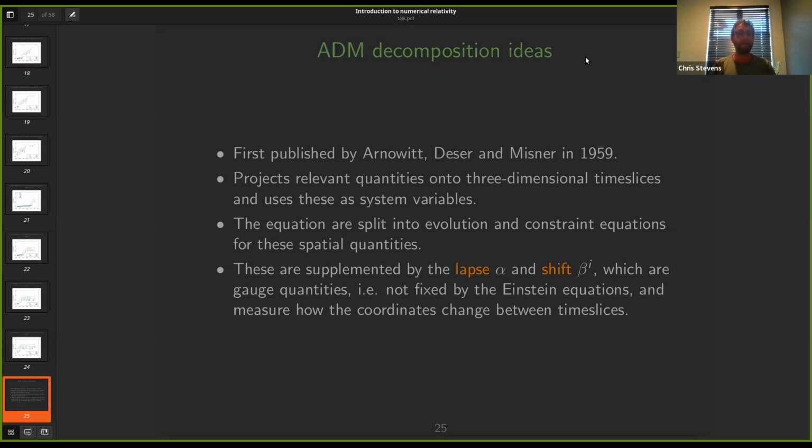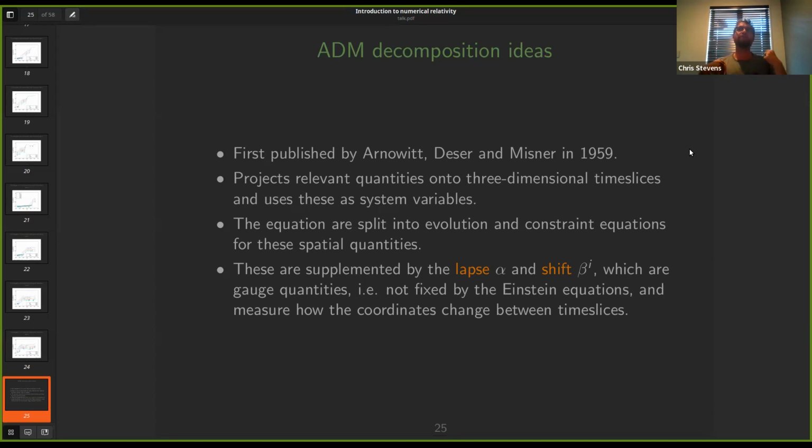Well, there are many different formulations, but the first formulation was the ADM, which was named after these three gentlemen here in the late 50s. And the idea is essentially to project the four-dimensional space-time quantities onto these spatial surfaces and use quantities that are intrinsic to these spatial surfaces.